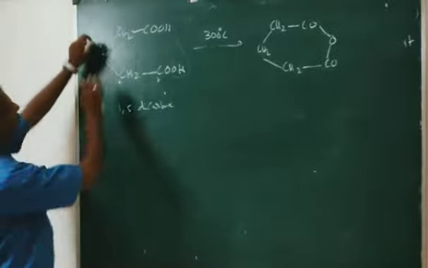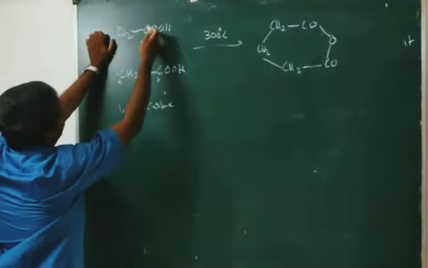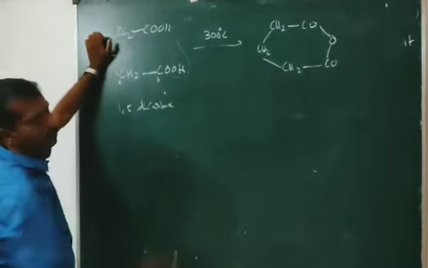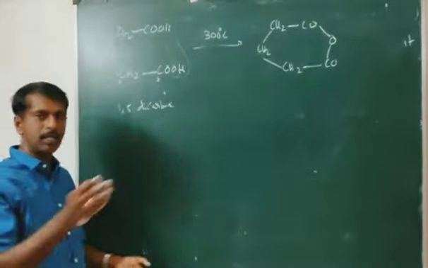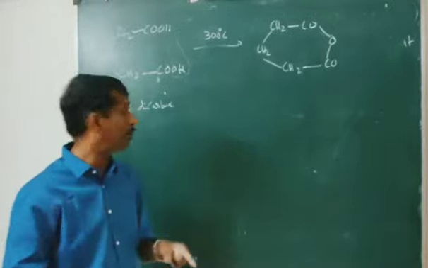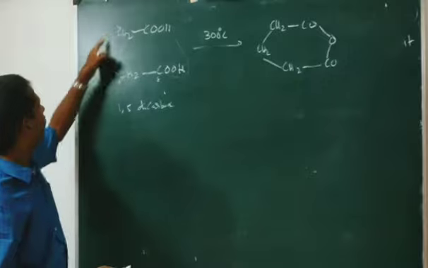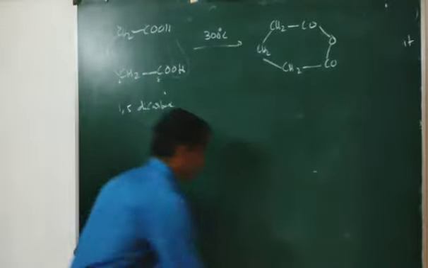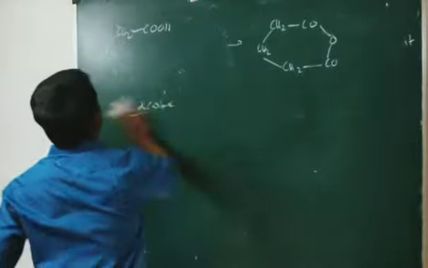If there are two intervening carbon atoms, then it is 1, 2, 3, 4, 1,4-dicarboxylic acid. Dicarboxylic acid with two intervening carbon atoms is known as 1,4-dicarboxylic acid, and with three intervening carbon atoms it is 1,5-dicarboxylic acid. Keep that in mind. Then the third case.